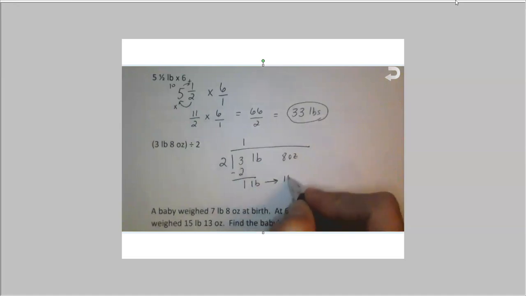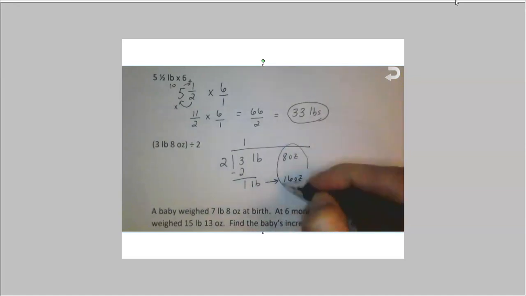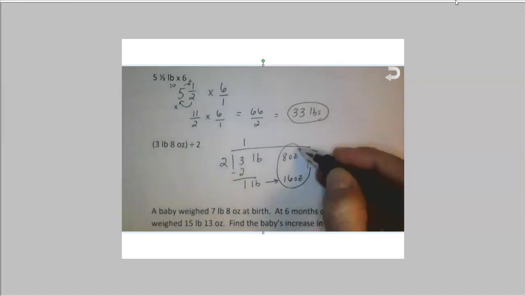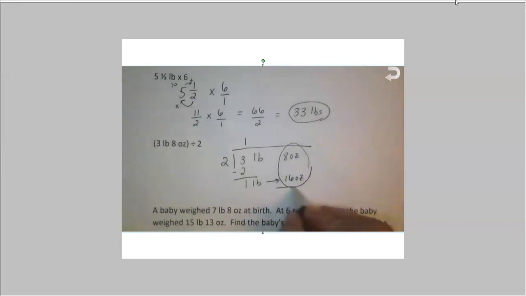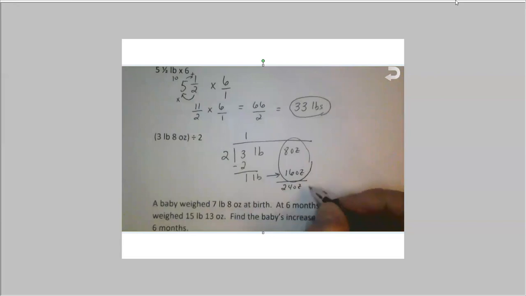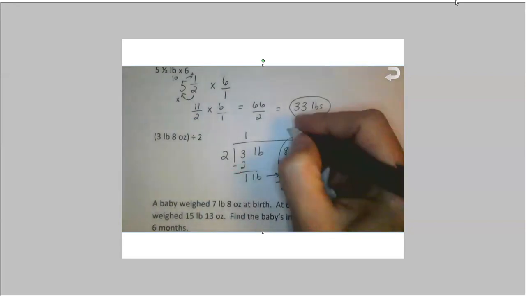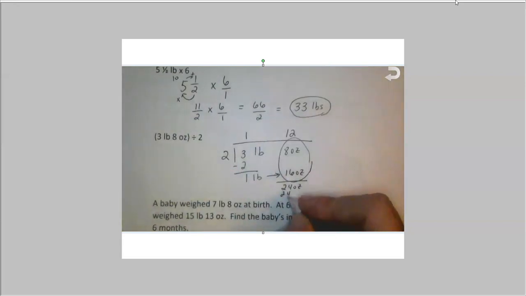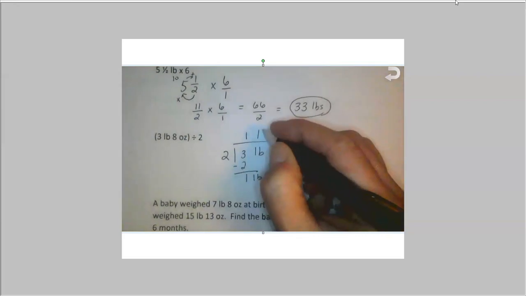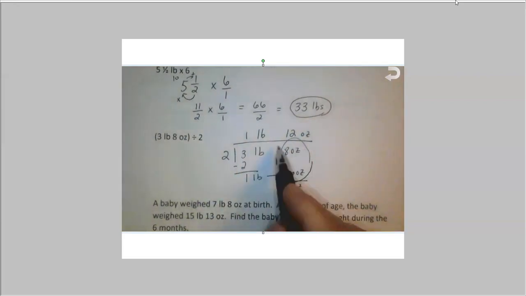I'm going to change that over, so that I can combine it with this section right here. That would make 24 ounces. And then I can divide 24 by 2, and that will be 12. And that'll divide evenly. So that answer would be 1 pound, 12 ounces.